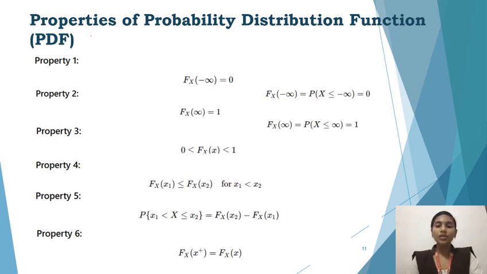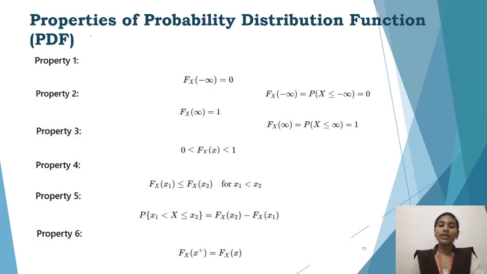This includes all possible values of the random variable in a sample space, since the total probability of any random variable across the entire sample space must be 1. So at last we conclude that capital FX of infinity is equal to the probability of X less than or equal to infinity, which is equal to 1.